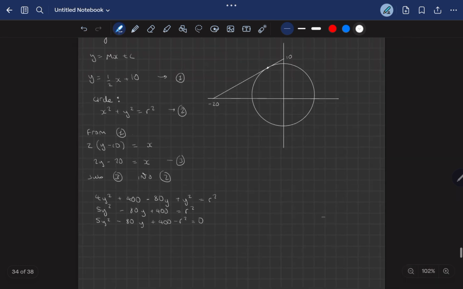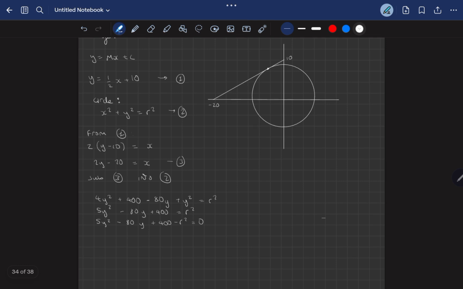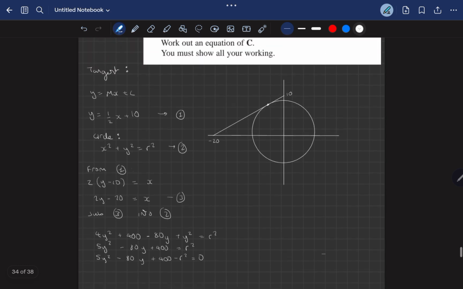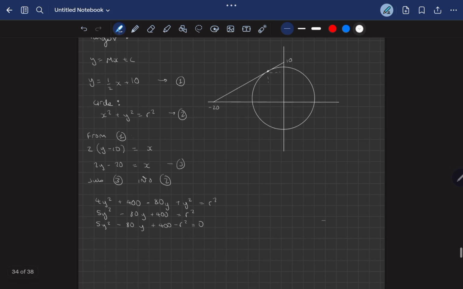Now I can use the quadratic formula to find the value of y. However, we know that there's only one value of y, because it's a tangent. So in fact I can use the discriminant. The discriminant is b squared minus 4ac.